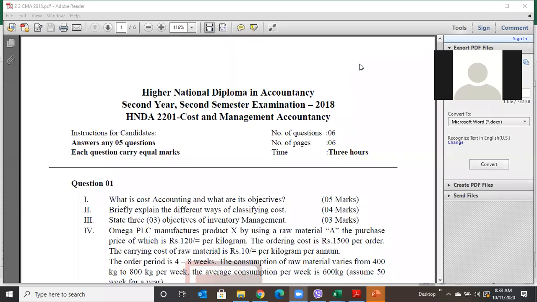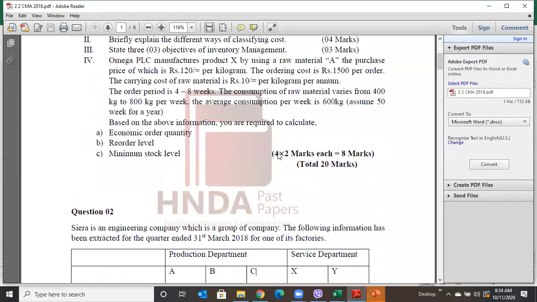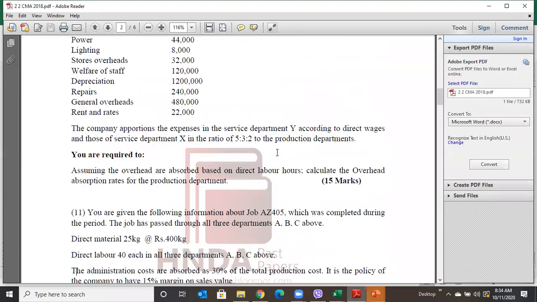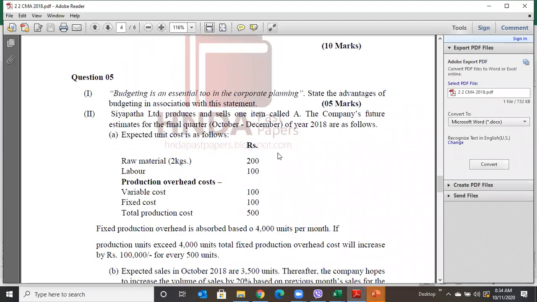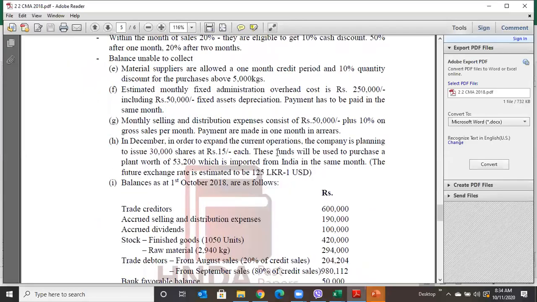Okay. Thanks. Today, what I am going to do is we are going to discuss the past paper, our recent past paper, the 2018 past paper. Full-time students have discussed already the budgeting one and the variance analysis part.